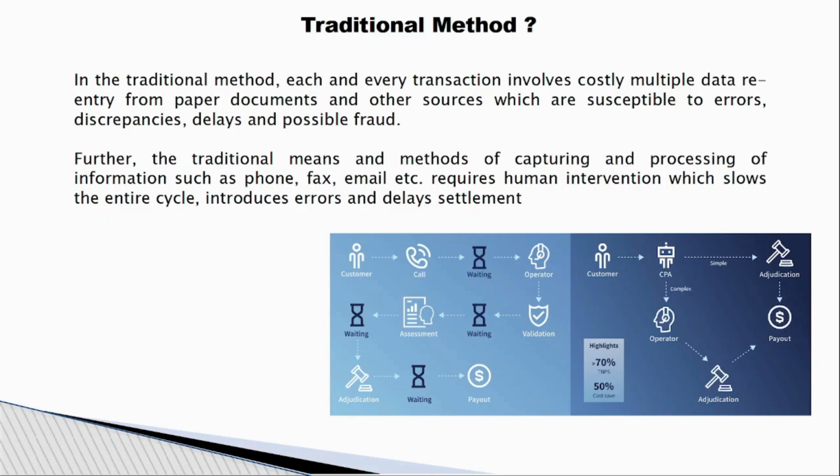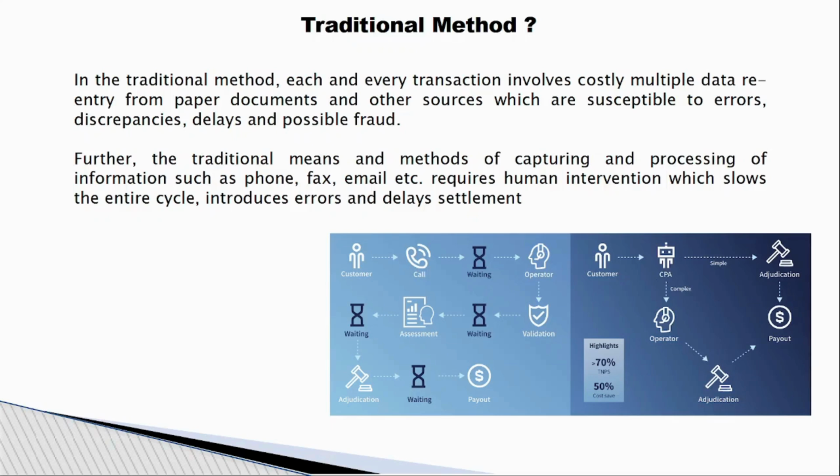So a lot of manual interventions are there. Sometimes we may need to take approval from email or fax. Wherever manual intervention is there, that process will take more time. To eliminate all those things, STP is implemented.